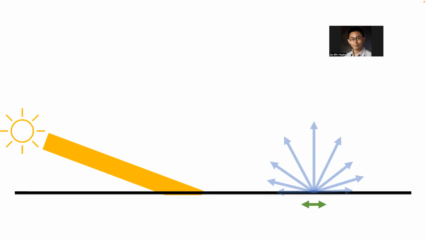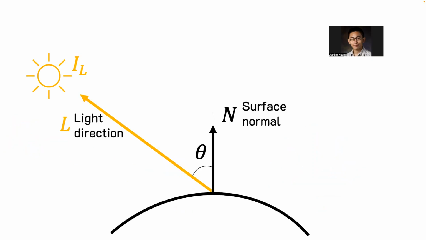The amount of light it receives depends on the cosine theta between the lighting direction and the surface normal. If theta is large, you see less and less light. If theta is small, like in this case where theta is 0, then you see the maximum amount of reflection. So it looks like this.